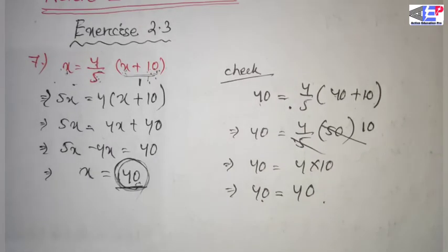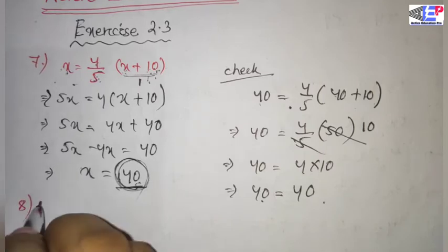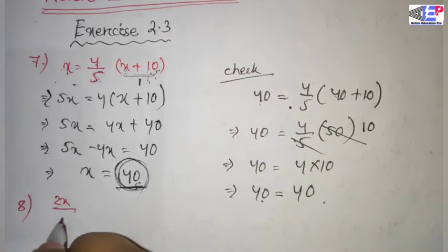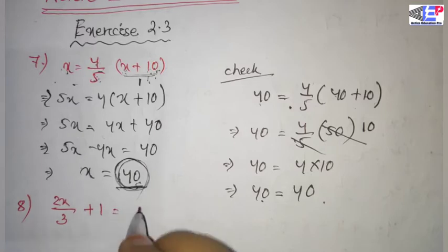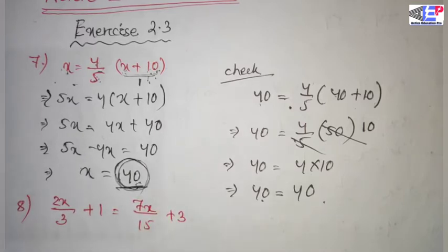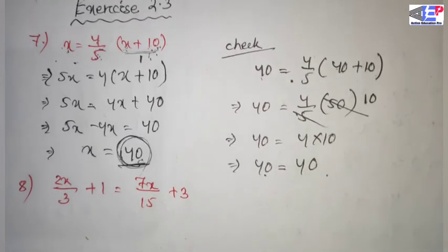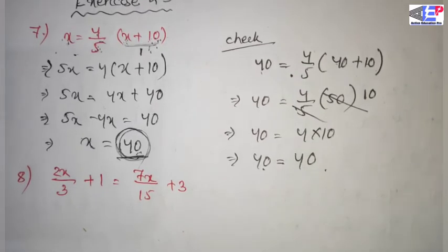The next question, question number 8: 2x/3 + 1 = 7x/15 + 3. Question number 8 is a different case from other questions, because in my previous cases the coefficient of the variable x was a whole number, a negative number or a positive number.